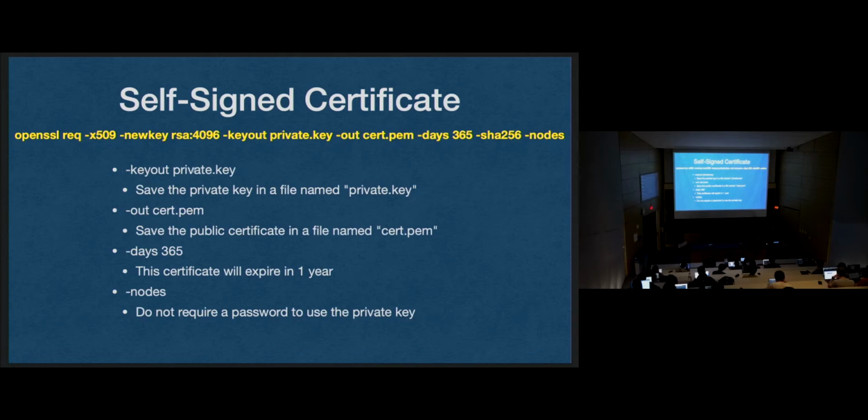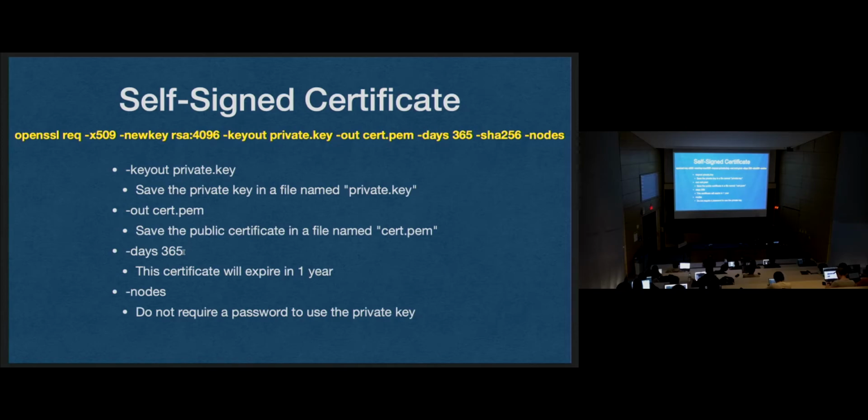Key out, private.key. This you can change if you feel like changing it. Key out means save my private key, and private.key is the file name where it's going to be saved. So this is saying save my private key in a file named private.key. Same thing with the cert out, cert.pem: save my certificate in a file named cert.pem. When should this thing expire?